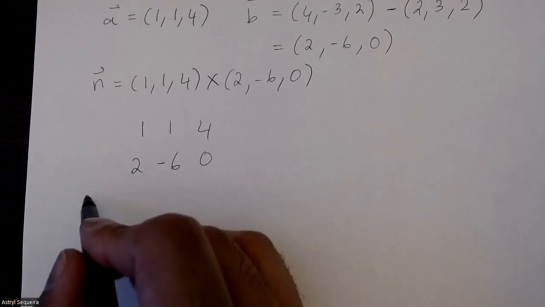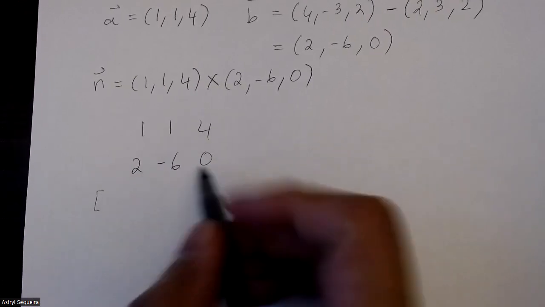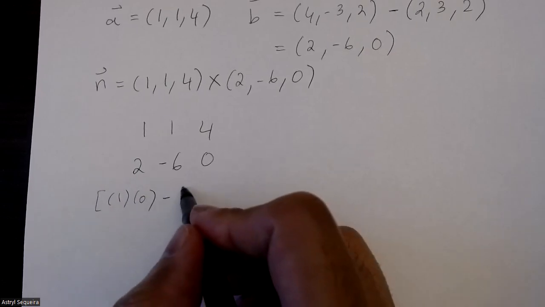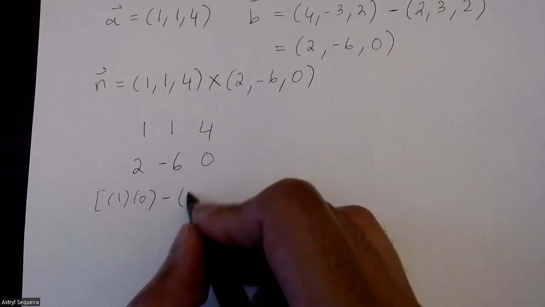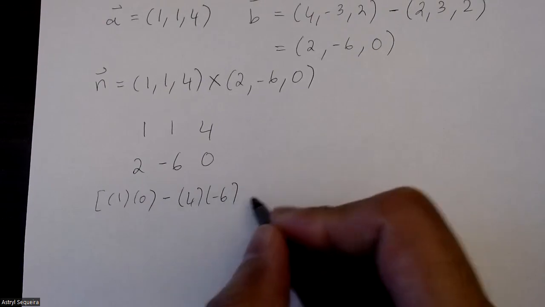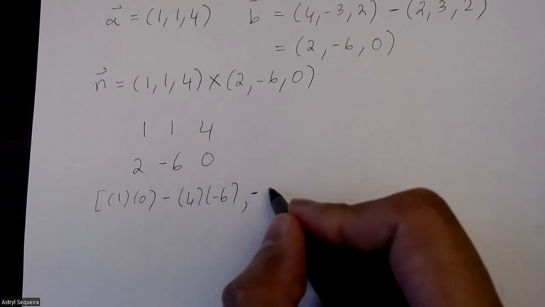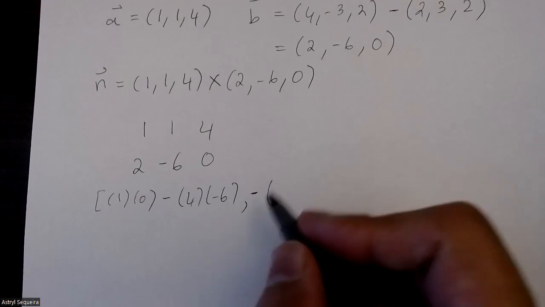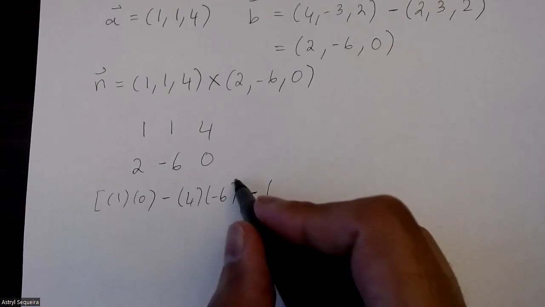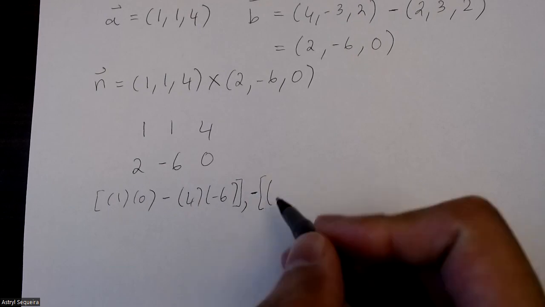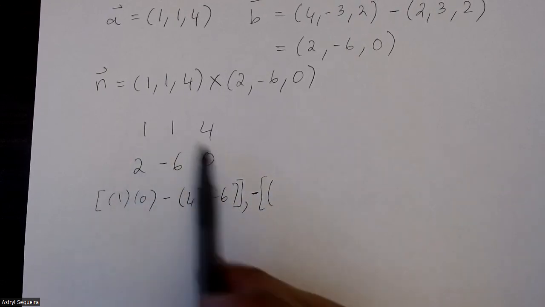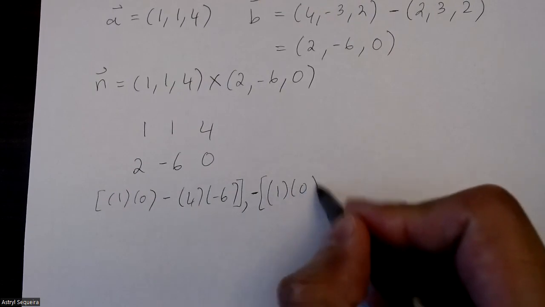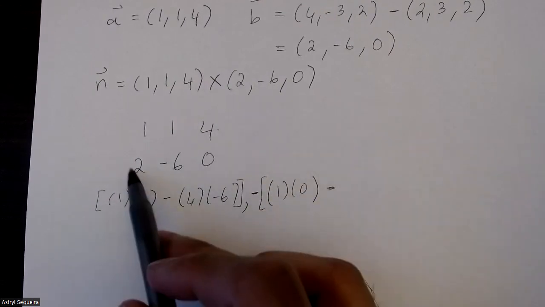So my first term is just going to be 1 times 0 minus 4 times negative 6. For my second vector, it's always a negative. And then I have 1 times 0 again, minus 4 times 2.